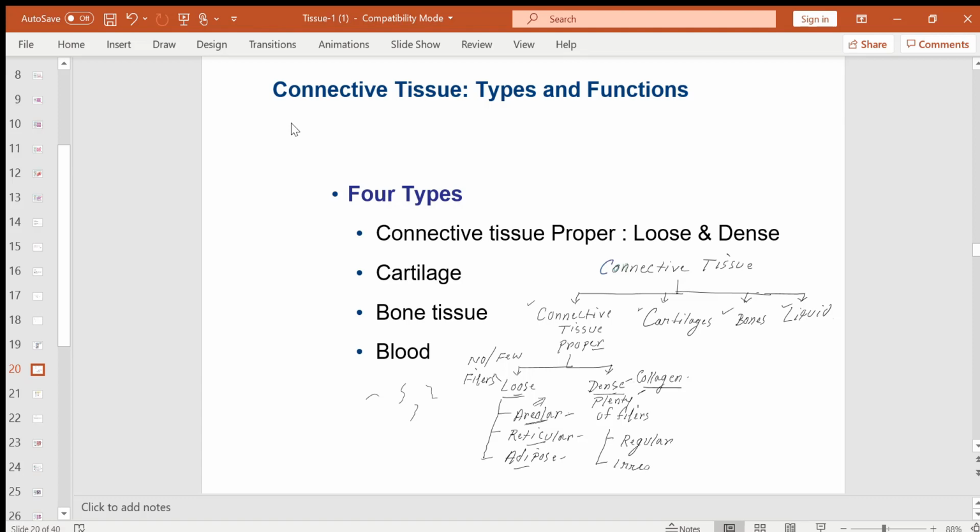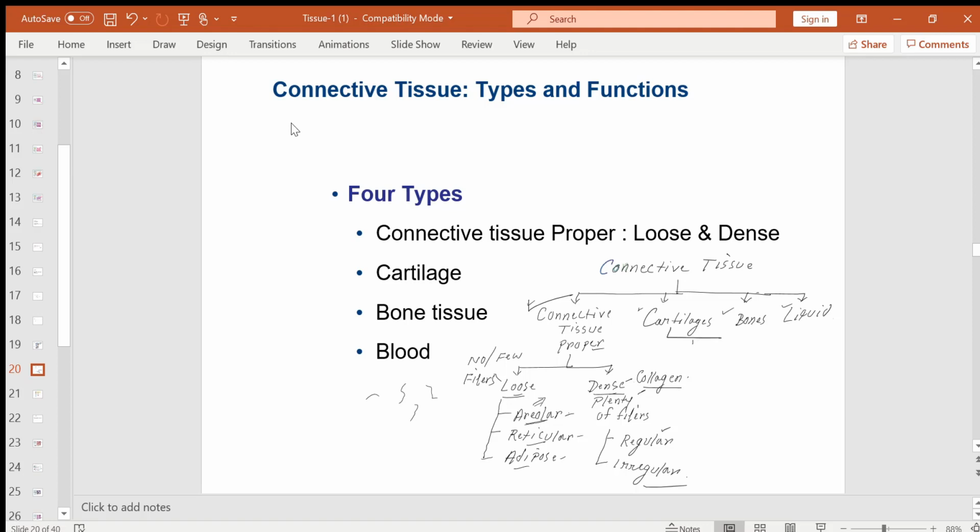So this is how we classify the connective tissue proper. First we divide into loose and dense, loose has three types, dense two types. Then cartilaginous, there are three types of cartilaginous.